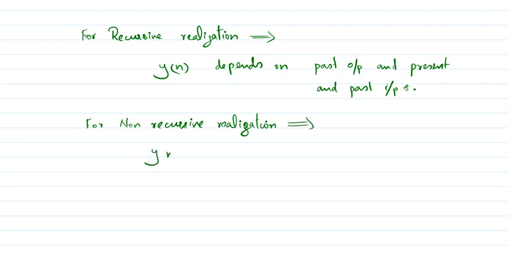Here the output y of n depends on present input and past input. So this is mainly the finite impulse response.